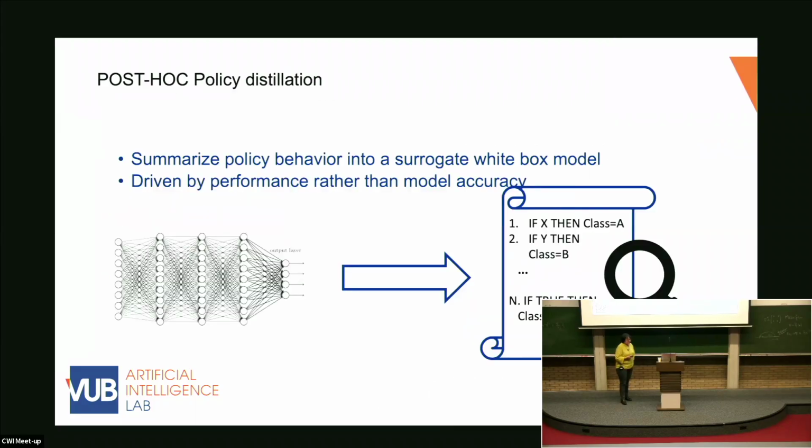Something else we did is this rule distillation. Again, you take a policy trained potentially by deep RL, and then you try to understand the policy that is being learned. But here we wanted to get a set of rules. For this, we adapted, so we made some extensions to rule mining algorithms.